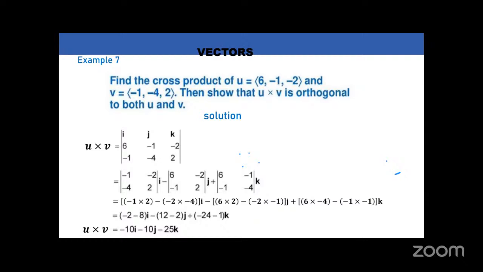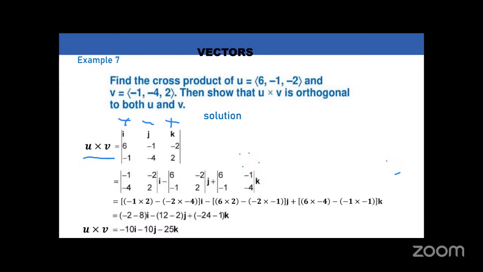So now, to find the cross product of two vectors like we did before, you set it up the way it is, U cross V, then i is a plus, j is a minus, k is a plus. Then U takes the first line, which is 6, minus 1, minus 2.